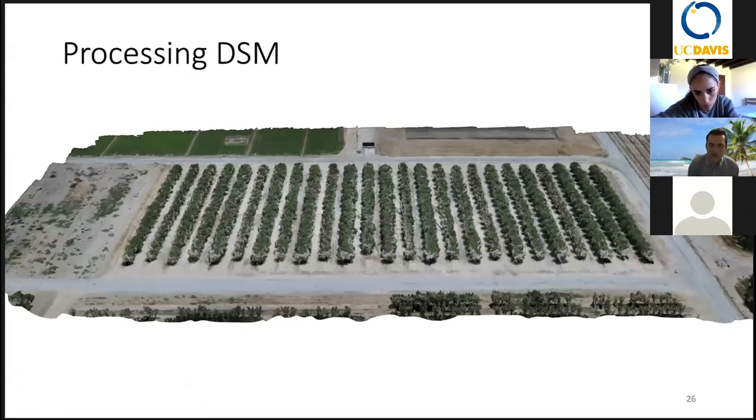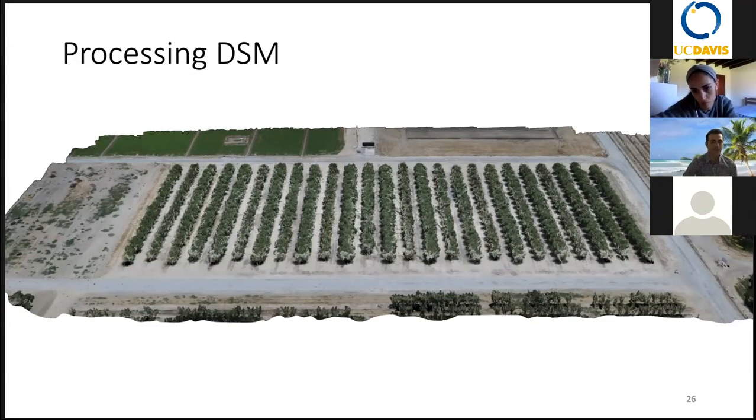Now let's see what we do with this virtual orchard. As I said, a virtual orchard is a 3D point cloud representation of the orchard. What we can extract from that is a digital surface model. A digital surface model is a matrix, or an image, in which each pixel has the height information of the corresponding point on the ground.